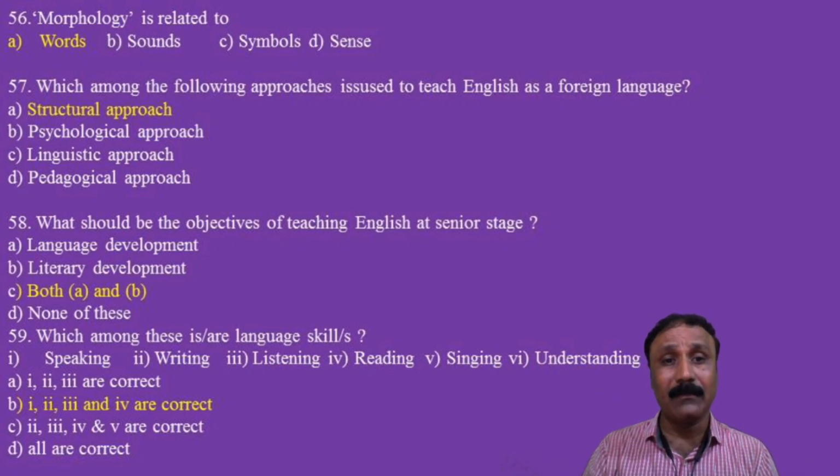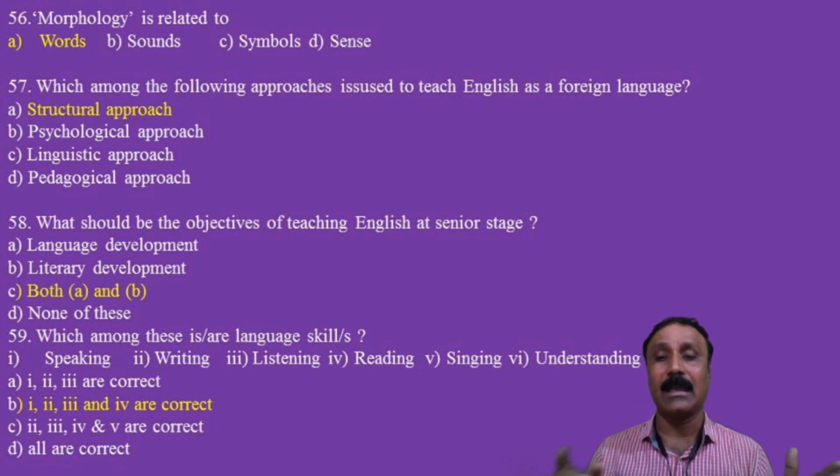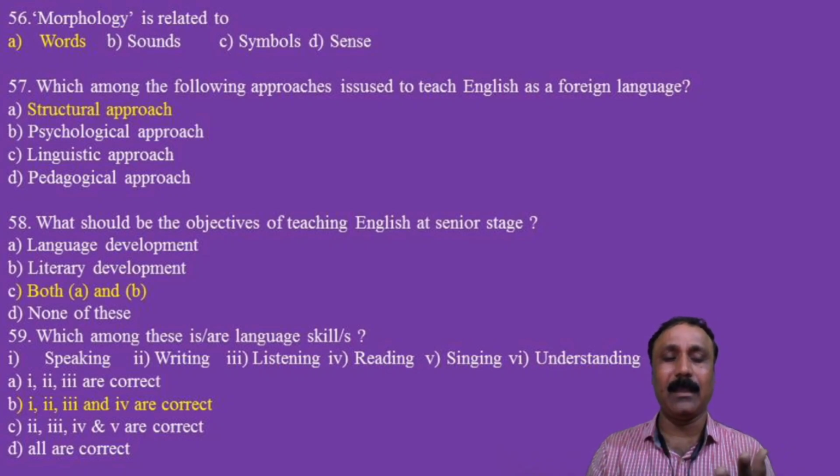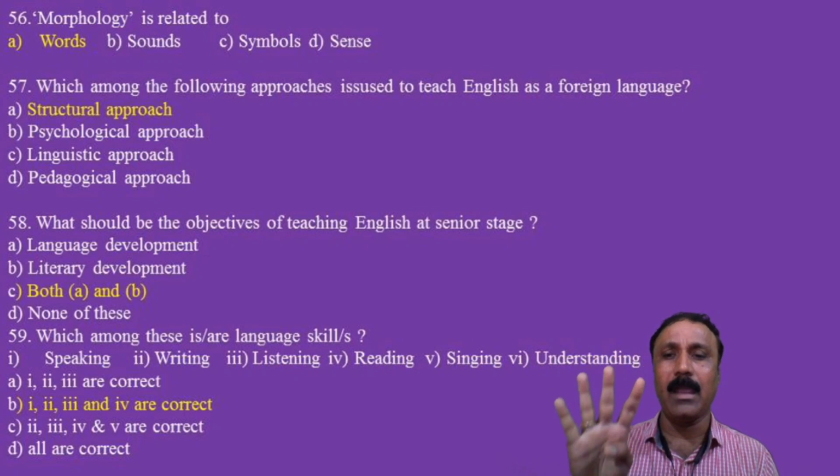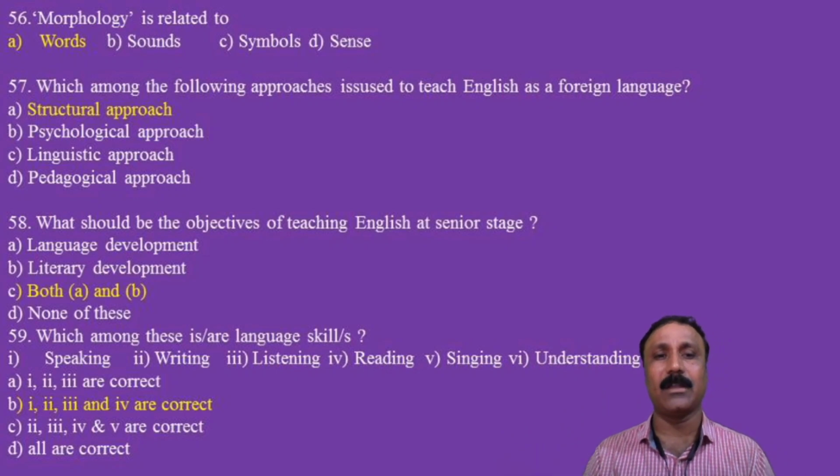And which among these is our language skills? We all know that LSRW, listening, speaking, reading and writing, are called the four most important and basic skills of English or any language. LSRW are the basic language skills of any language.